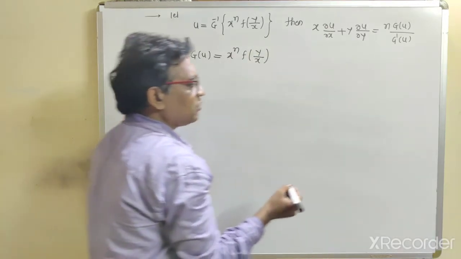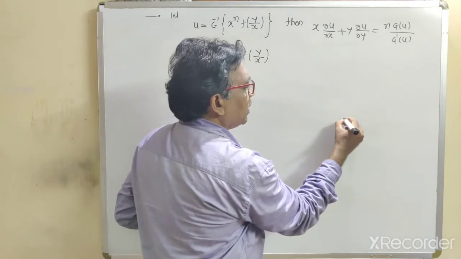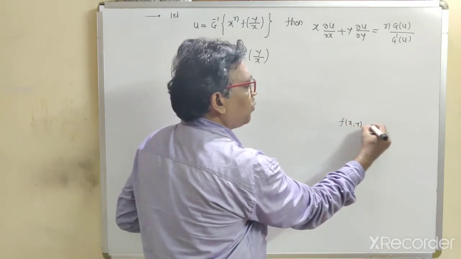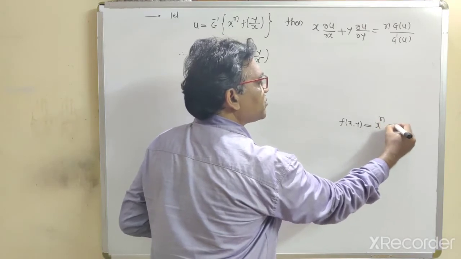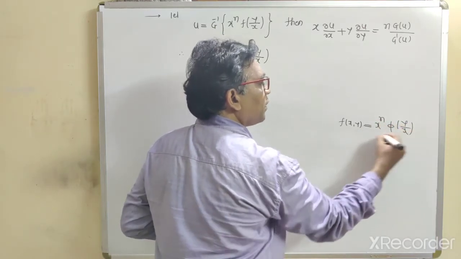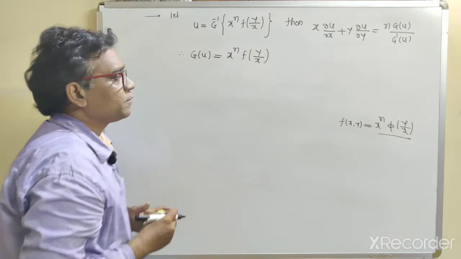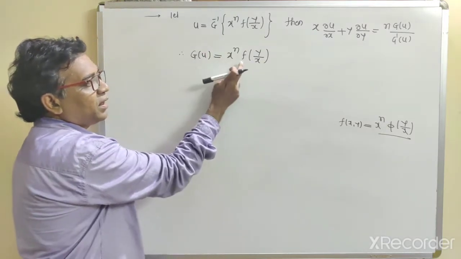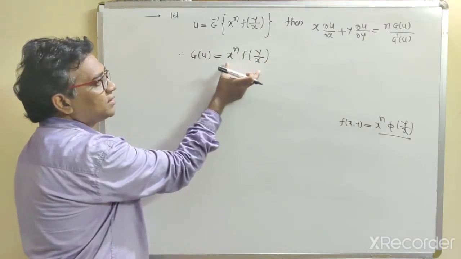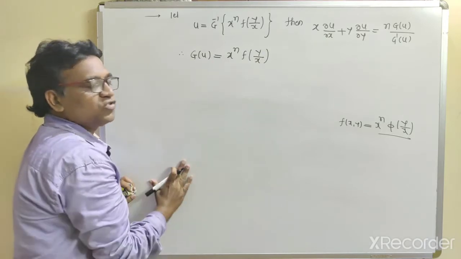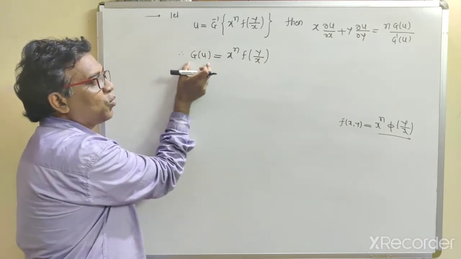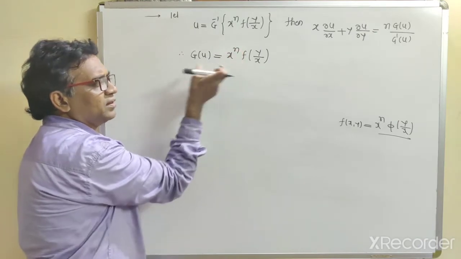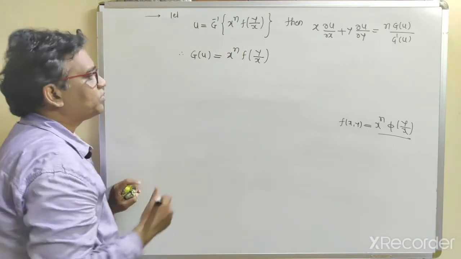If f(x, y) is a homogeneous function, then it can be expressed as x raised to n into a function of y by x. So according to the definition, we can say that g(u) is a homogeneous function of degree n.